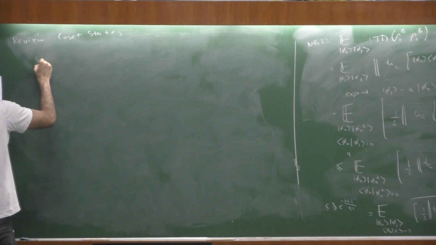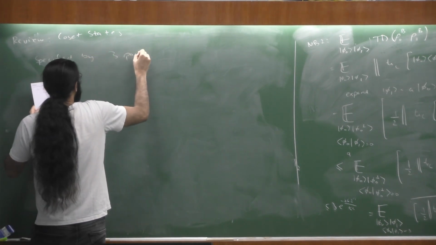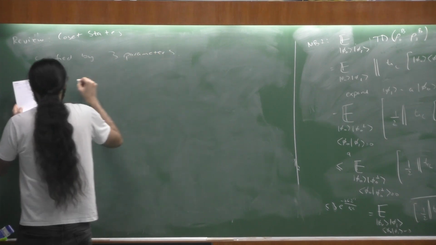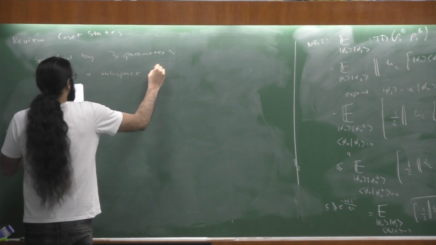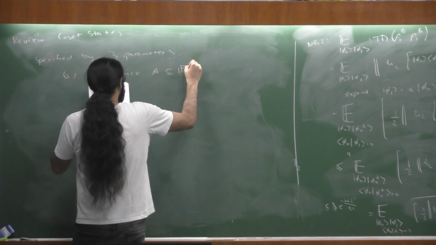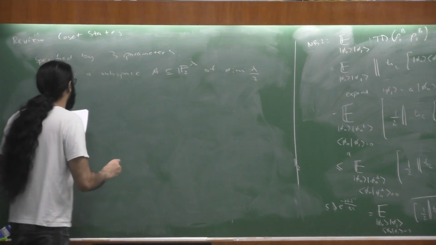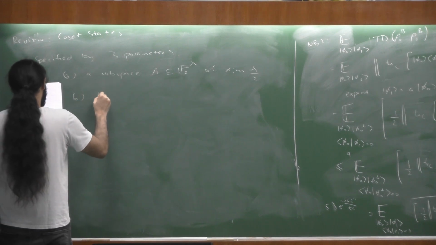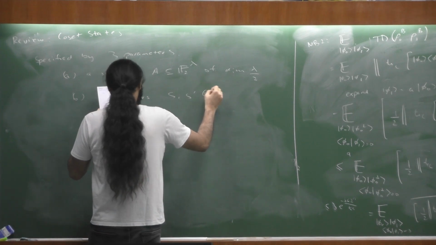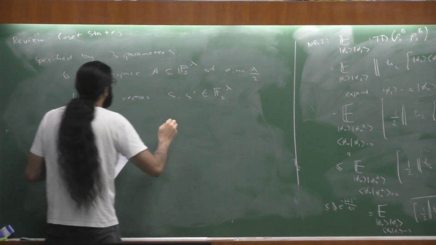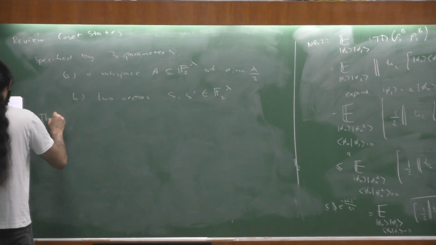Okay, so here's a quick review of coset states. They're specified by three parameters. The first thing is a subspace A of F2 to the lambda, of dimension lambda by 2. Then you have two vectors, S and S prime, in F2 to the lambda. So these are the three parameters: A, S, and S prime.